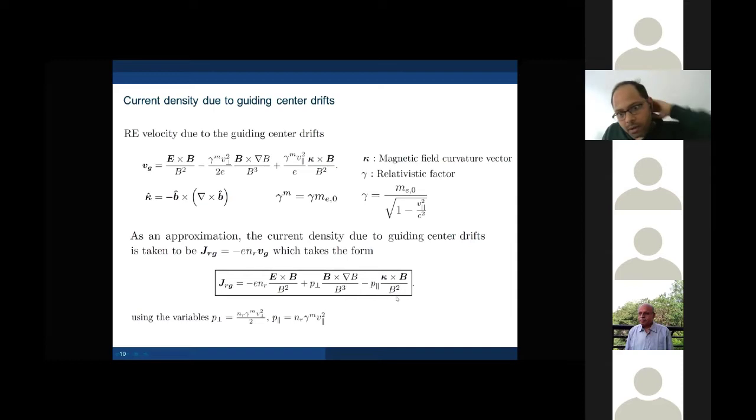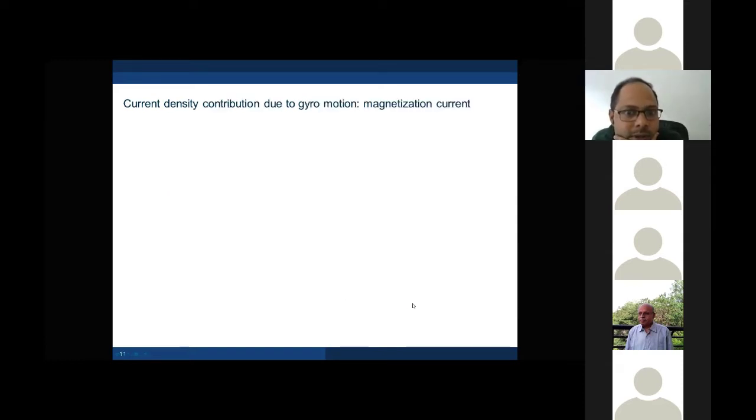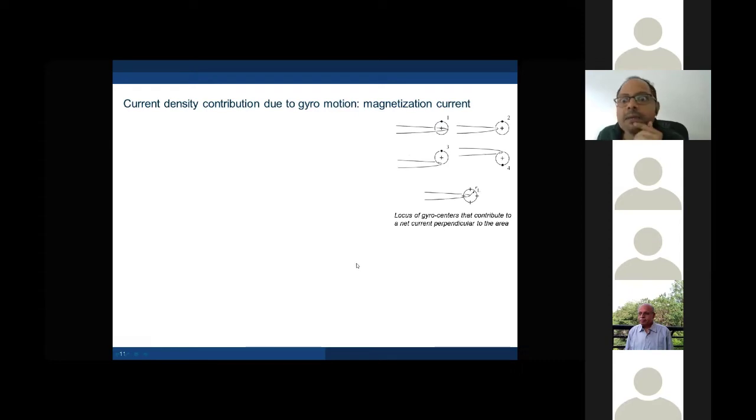Now, this is not the only component of current density that we have, but there is a current density contribution from what is called magnetization current. That is, if you take a plane area and take a charged particle that gyrates along the field line, you see that a particle can pierce into the area and also out of the area.